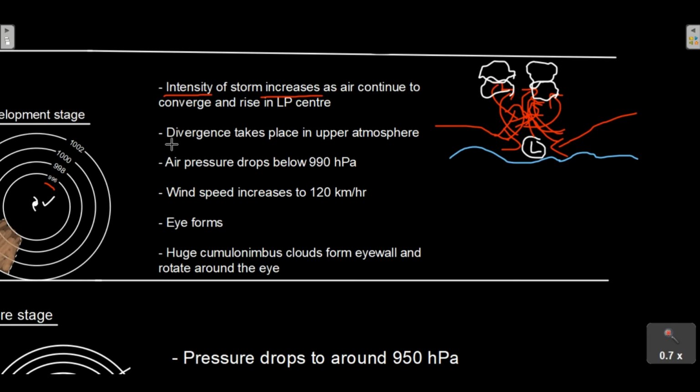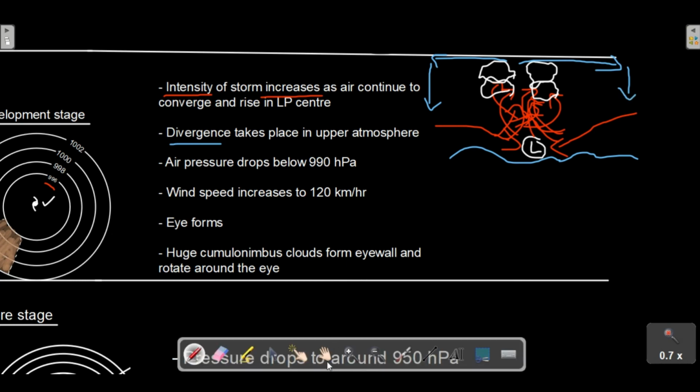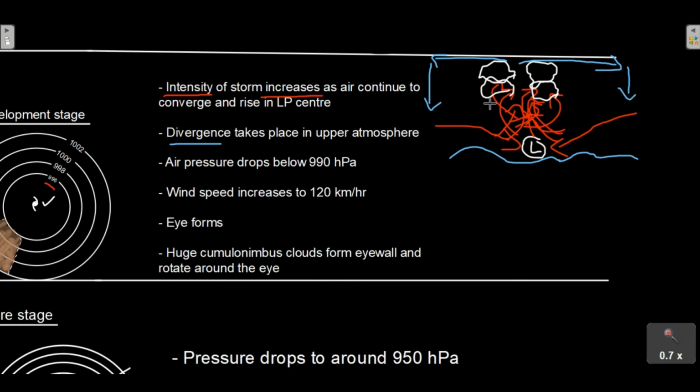We also see a divergence happening in the upper atmosphere. Because there's upper air divergence, these air masses descend, and they warm up. As they are falling, they are warming up.